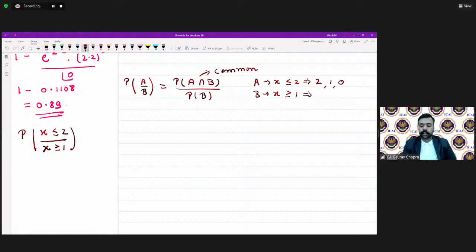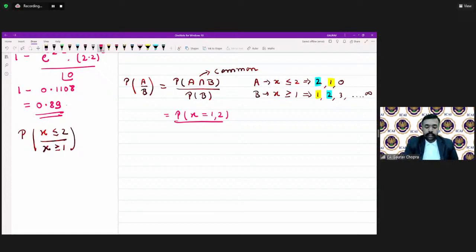That means x includes 1, 2, 3, and so on up to infinity. So what is common between them? 1 is common. Also, 2 is common. So in the numerator, we are talking about the probability when x is 1, 2.